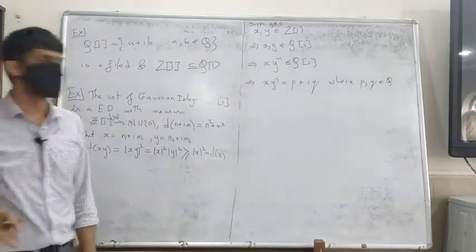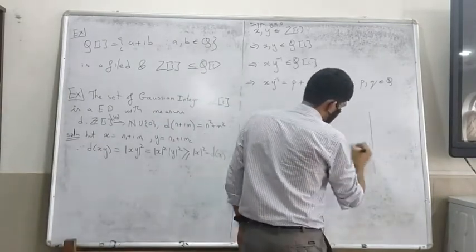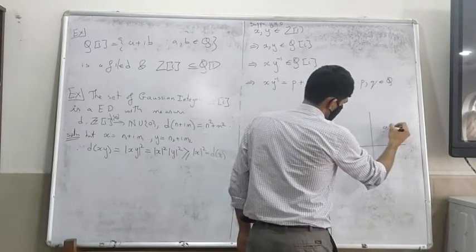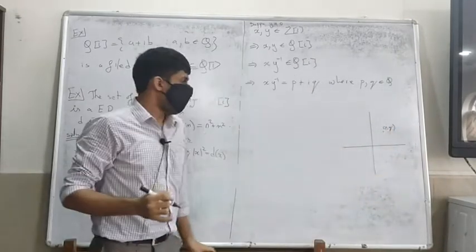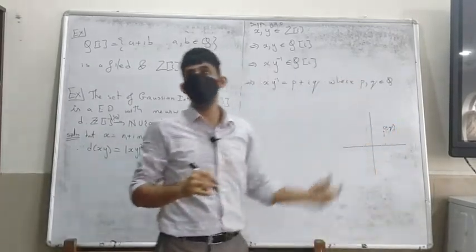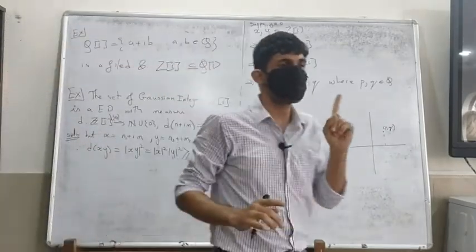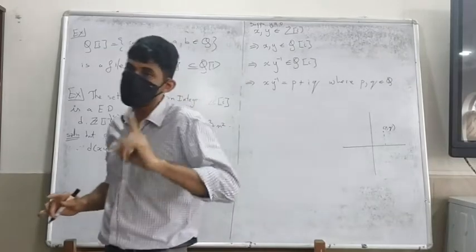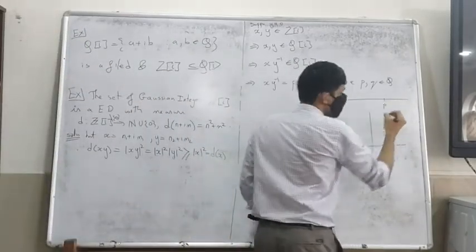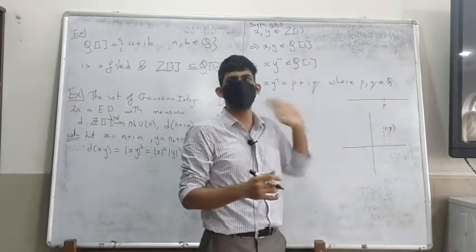Is that okay? Now, what I'm going to do is look at my p comma q. I'm going to look at the smallest integer near p and the smallest integer near q. I'm not looking at the greatest integer less than or equal to p and the greatest integer less than or equal to q. This is easy. P is here, so we know that it has integers on both sides. If it's an integer, you take the same p.